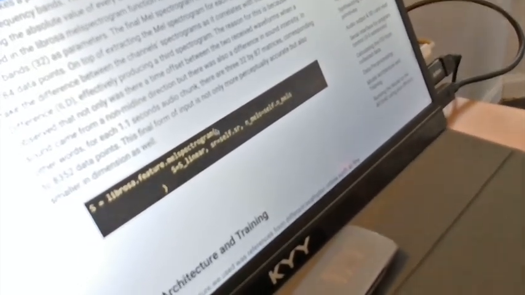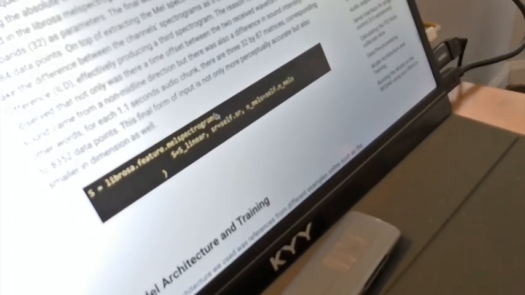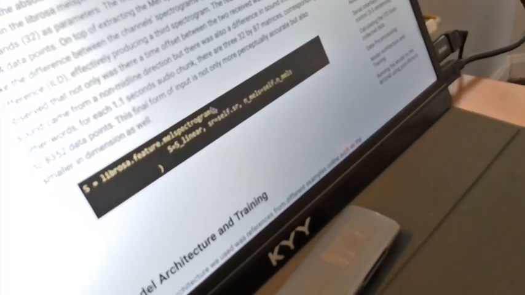And then in order to be perceptually accurate, we did a mel spectrogram transformation. The reason for this is our hearing is actually not linear. Our hearing is logarithmic, and the mel spectrogram can represent that nature of our hearing. All these DSP operations were done using the Python librosa library.